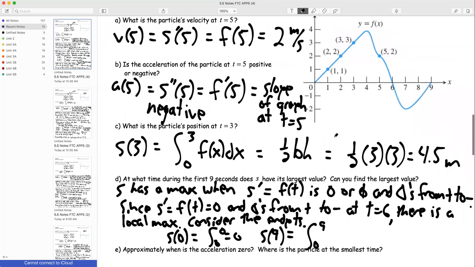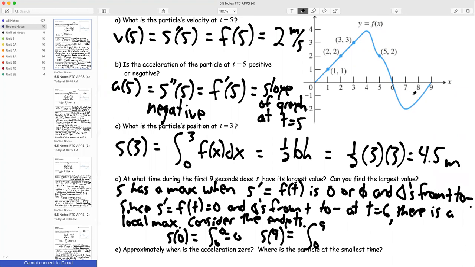Is the value of the integral from 0 to 9 positive or negative? How do we know? There's more net positive area than net negative area. Is it greater than the net area at 6, however? No, because we are subtracting off this negative area.